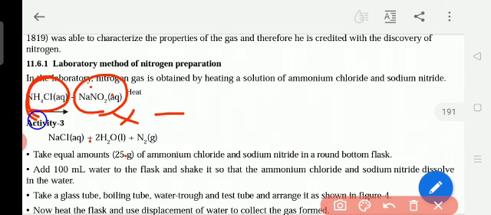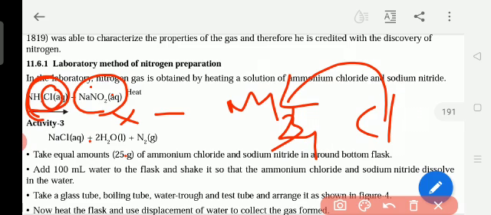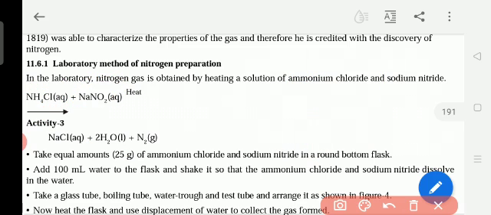Ammonium chloride: NH4 means ammonium, Cl means chloride. Actually Cl is chlorine, but if it is combined with another element, it automatically becomes chloride. So ammonium chloride and sodium nitrite. Whenever I say the formulas and equations, listen carefully so that you feel easy in higher studies.